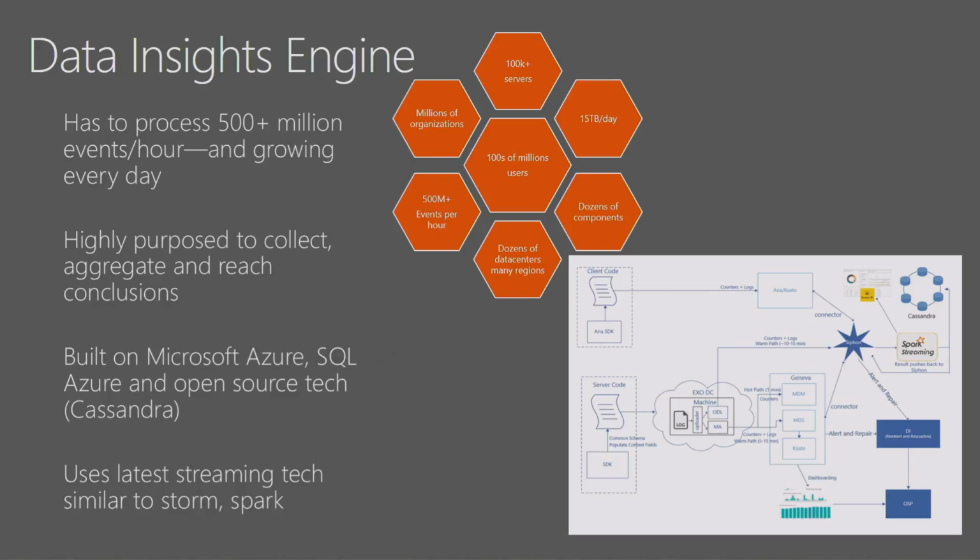We started originally with a pure Microsoft set of technologies, but recently we've started to incorporate other open source technologies like Cassandra, which we announced last year, in order to deal with data storage and computation at scale. We will also talk about one of the evolutions of the monitoring system later on in something we internally call the customer fabric.